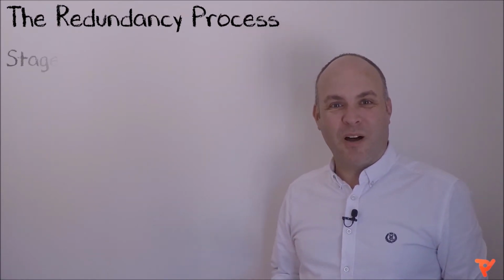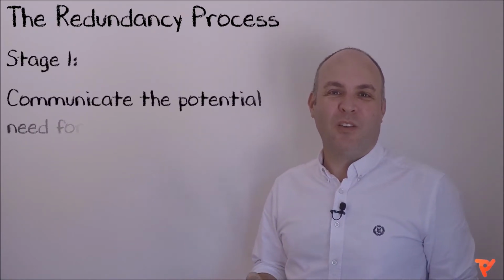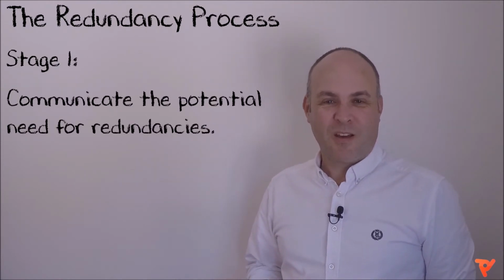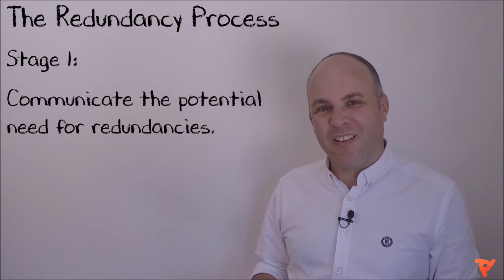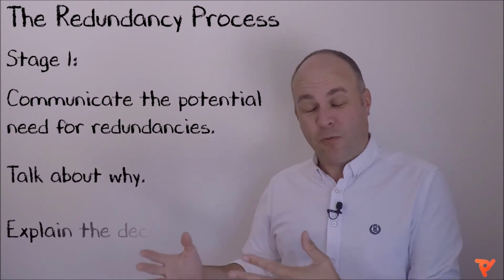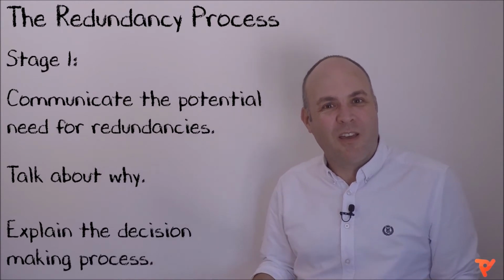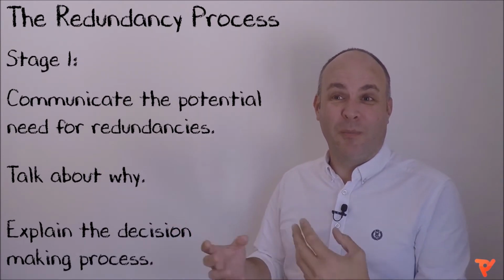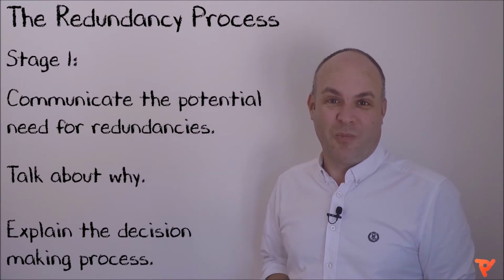So, stage 1, you need to communicate to your teams the potential need for redundancies. Communication in this set of processes is everything. I'd also recommend, when you're informing your teams of potential redundancies, that you get them to try and understand a little bit of the numbers behind it or a little bit of the decision-making process that's gone with it.